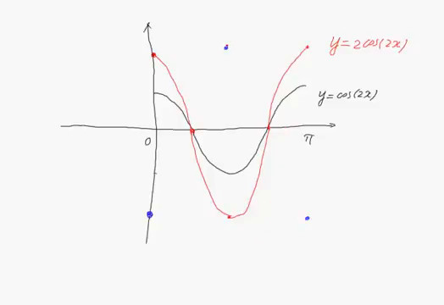Then we get a curve like this. Okay, so this blue one is the graph of the function y equals negative 2 times cosine of 2x. So this is step 3.